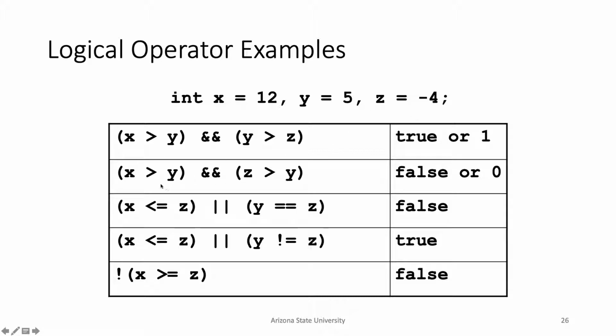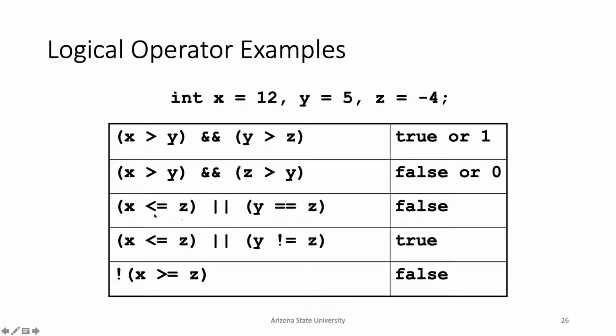This one is false because 12 is greater than 5, that's okay, but -4 is not bigger than 5. So true for the first one, false for the second one, and since you have to have both of them be true, and one of them is false, the entire thing is false.